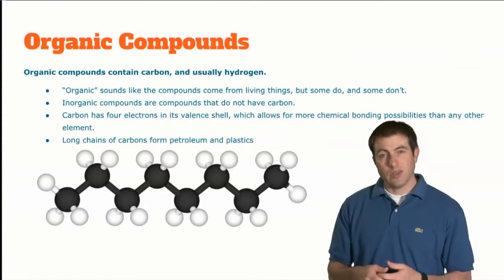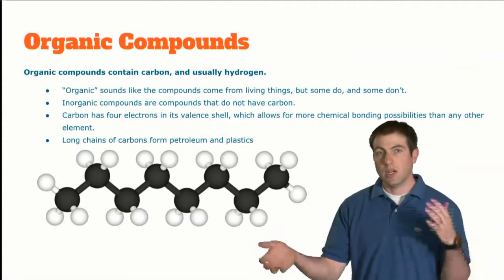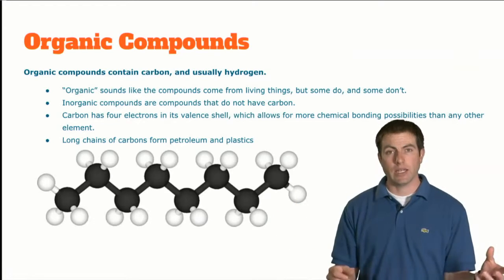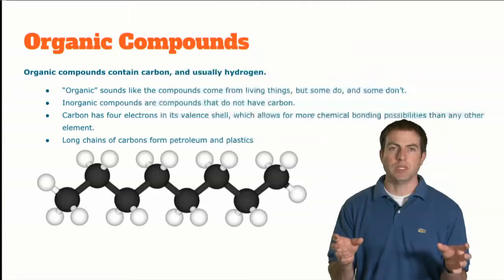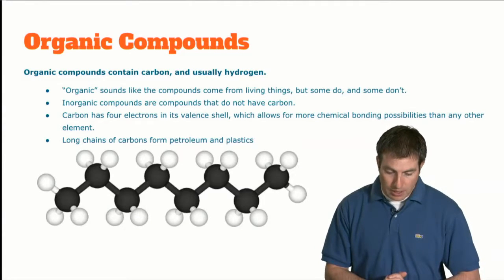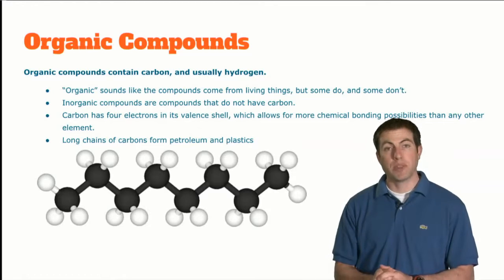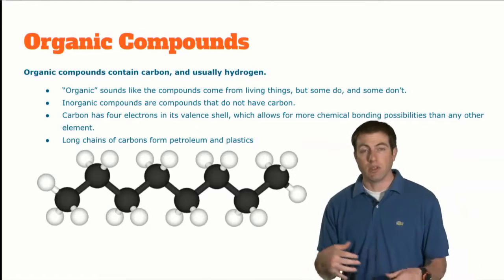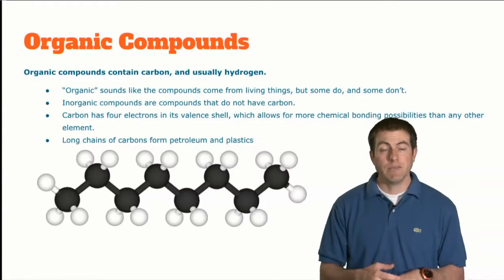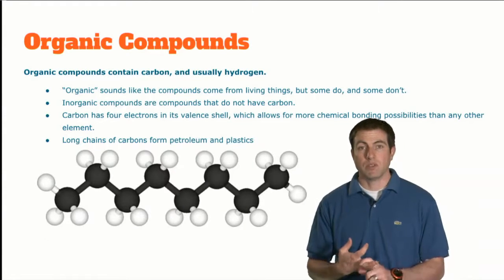So we can describe 2 types of molecules. Organic molecules have carbon in them. Inorganic, or not organic, both mean the same thing, don't have carbon. Long chains of carbon can form things like sugar. An even longer chain of carbon can form something like carbohydrate. Long chains of carbons can form fats.